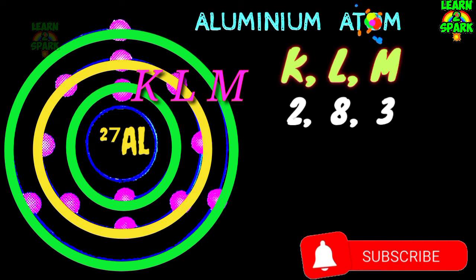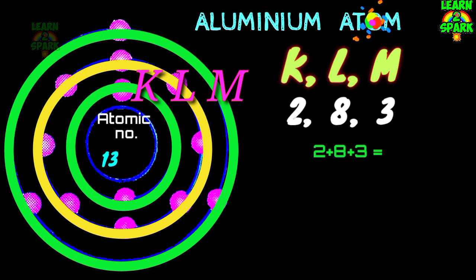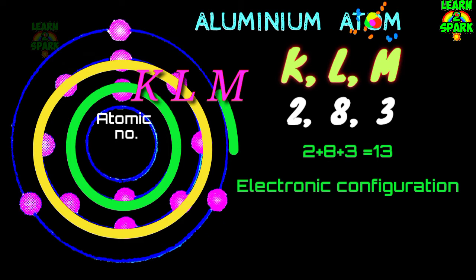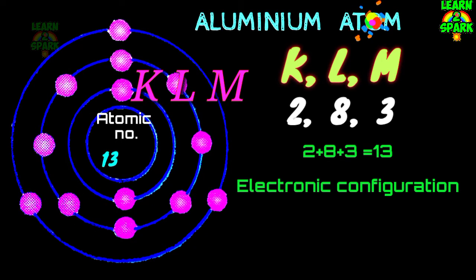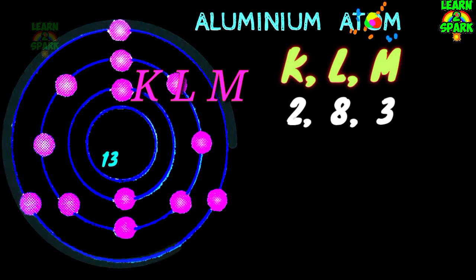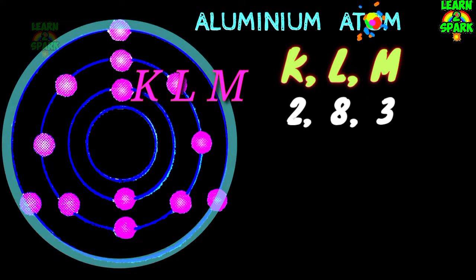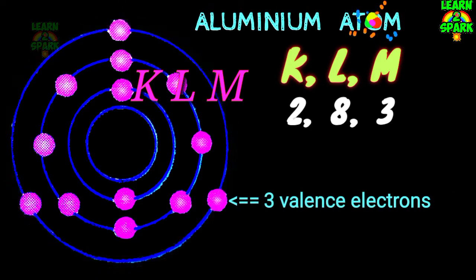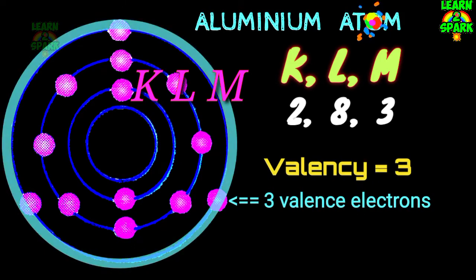The third orbit M is having the rest of the 3 electrons, making a total of 13 electrons, and that is the electronic configuration of the atom. As the last shell M is having 3 electrons in its outermost orbit, we can say that there are 3 valence electrons in its valence shell M, and the valency is 3.